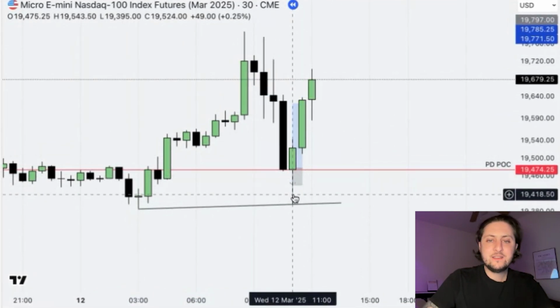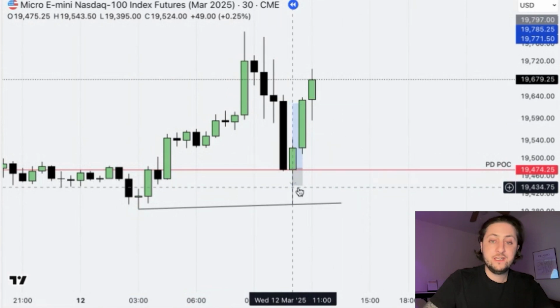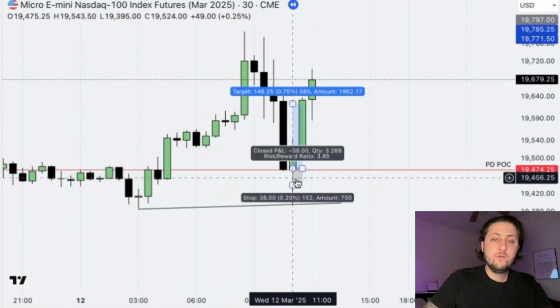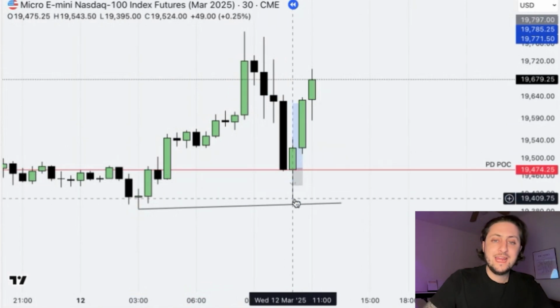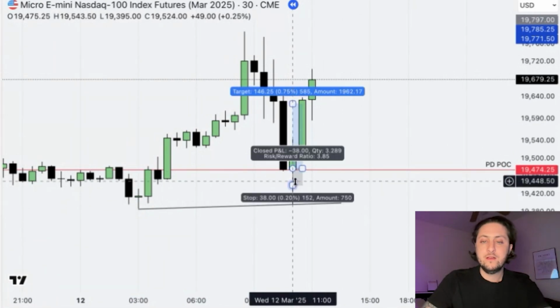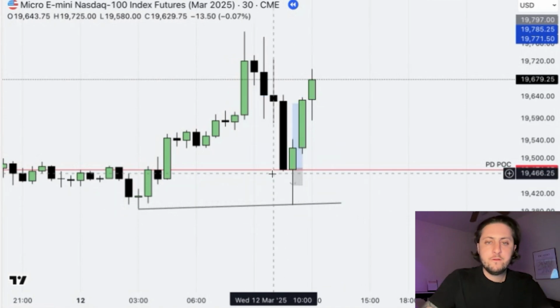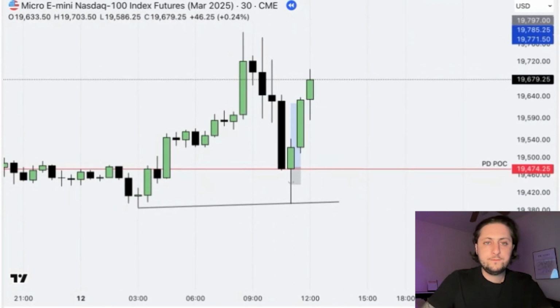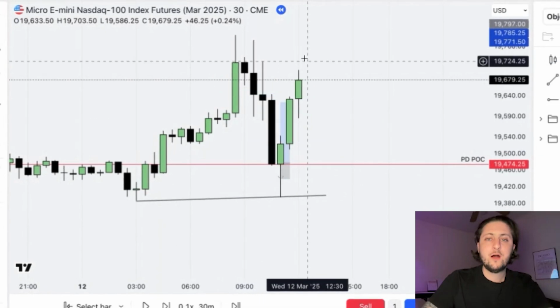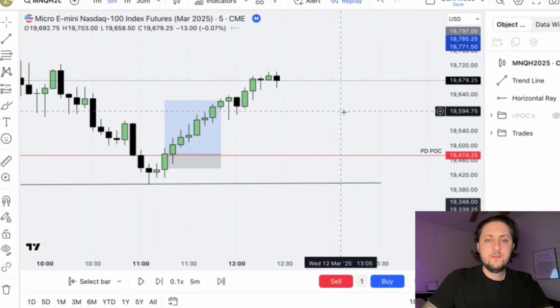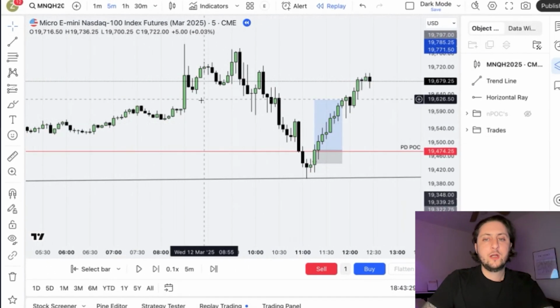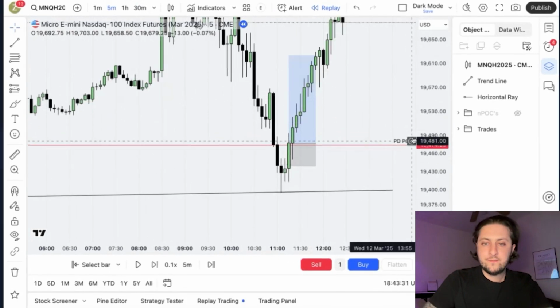We cannot close below the previous day's point of control. Now we can wick lower, but this is why looking at candle closures is so important. This 30-minute wick is our manipulation. This is the manipulation move below the previous day's point of control, and we close back above and move higher. So that's number 3. We are trading above the previous day's point of control.